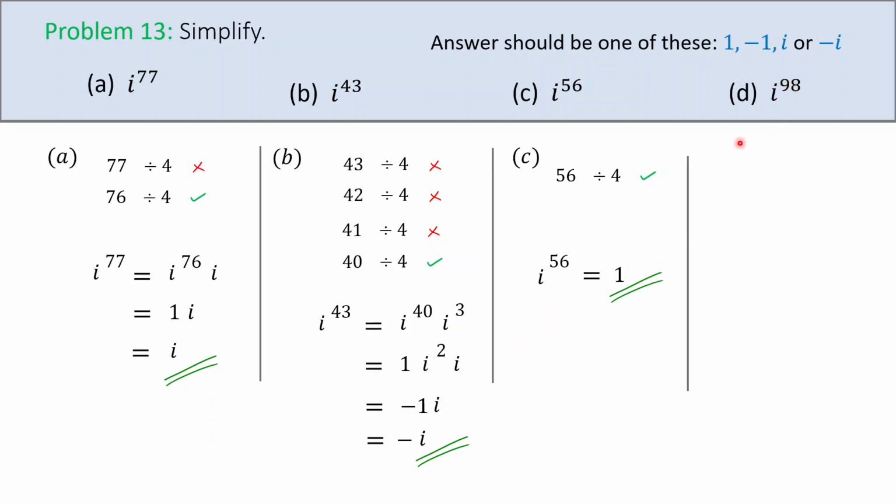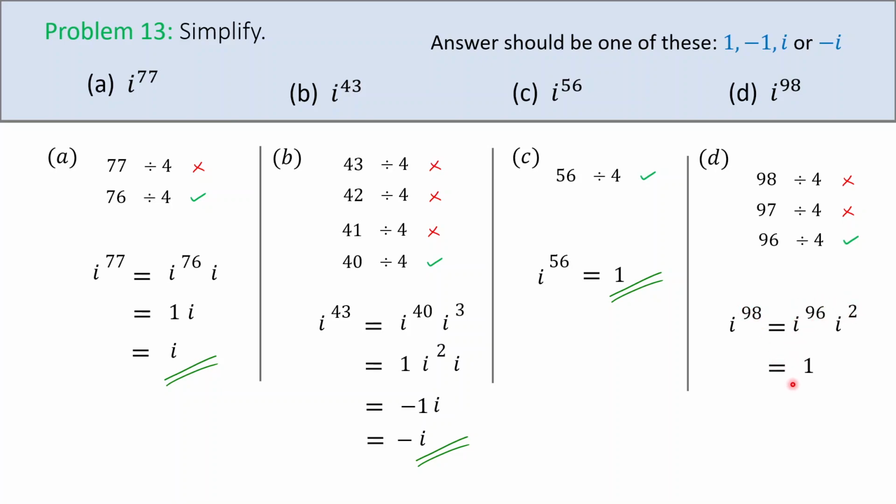Now take this 98. Check whether you can divide by 4. You cannot divide by 4. Now take 97. This also you cannot divide by 4. Now take 96. This you can divide by 4. So i to the 98 you can write as i to the 96 times i to the 2nd, i squared, since 96 plus 2 is 98.